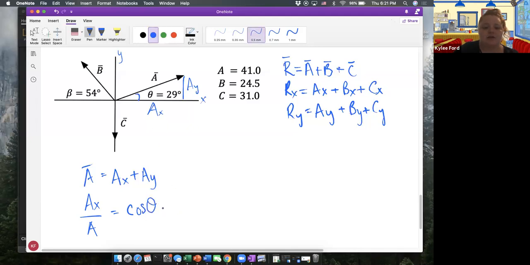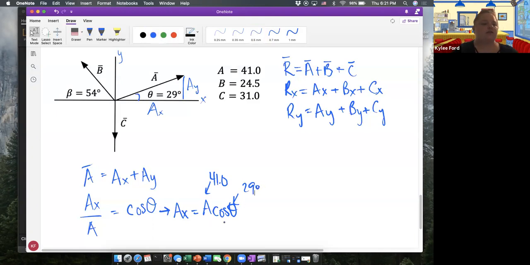Solving for AX, AX equals A cosine theta. Plugging in our numbers, A is 41.0 and theta is 29 degrees. We get our calculator out: 41 times cosine 29 degrees equals 35.9 kilometers.